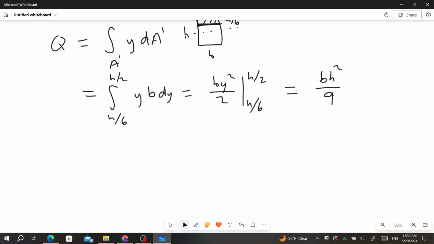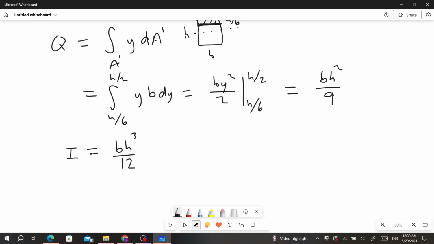Now we are missing I, and we know that the second moment of area, or the moment of inertia for a rectangular beam with width b and thickness h, is equal to bh cubed over 12. That's something we could derive.